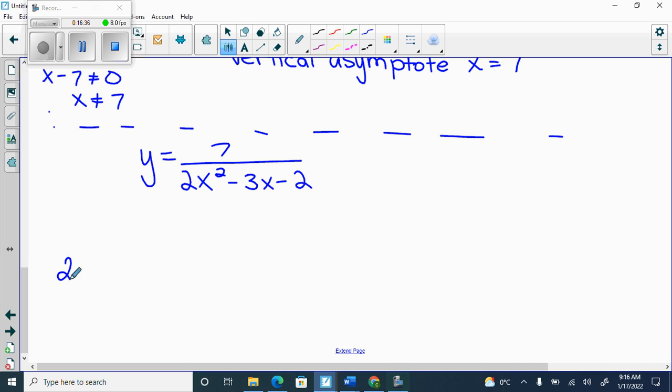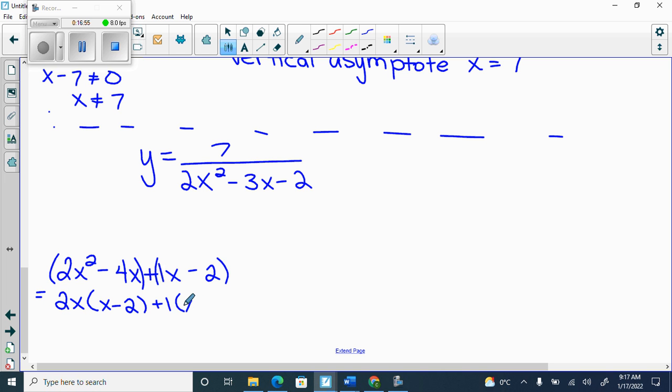We have 2x squared minus, what multiplies to give negative 2 and adds to give negative 3? Minus 4x plus 1x minus 2, group. What can I take out of the front? 2x. I'm left with x minus 2, and then plus 1, and then x minus 2. So I get 2x plus 1, x minus 2 in my denominator.